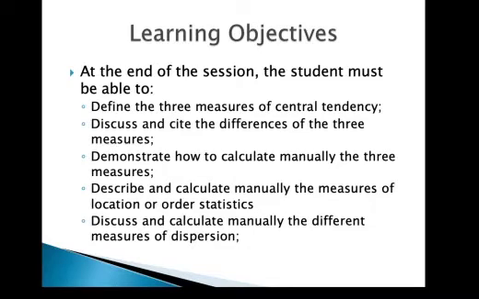And I would like to demonstrate to you how to calculate manually these measures so you'd be able to understand more clearly these measures. And so we'll also be discussing to you how to calculate manually measures of location or order statistics, and lastly, manually the different measures of dispersion.